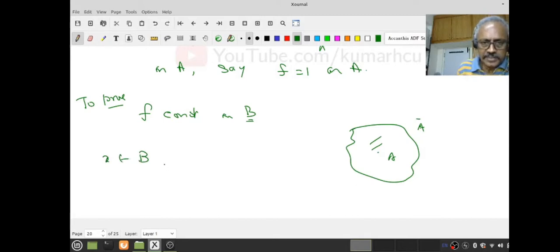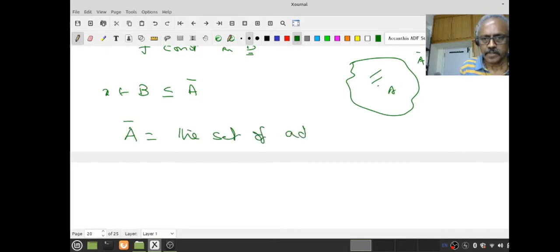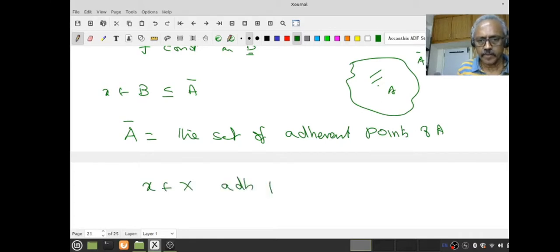Now remember, B is a subset of A closure, and those of you who have gone through my lectures on closed sets know A closure is characterized. A closure is nothing other than the set of adherent points. See, what is an adherent point? When I say x is an adherent point, if every open set U containing x, the U intersection A is not empty.